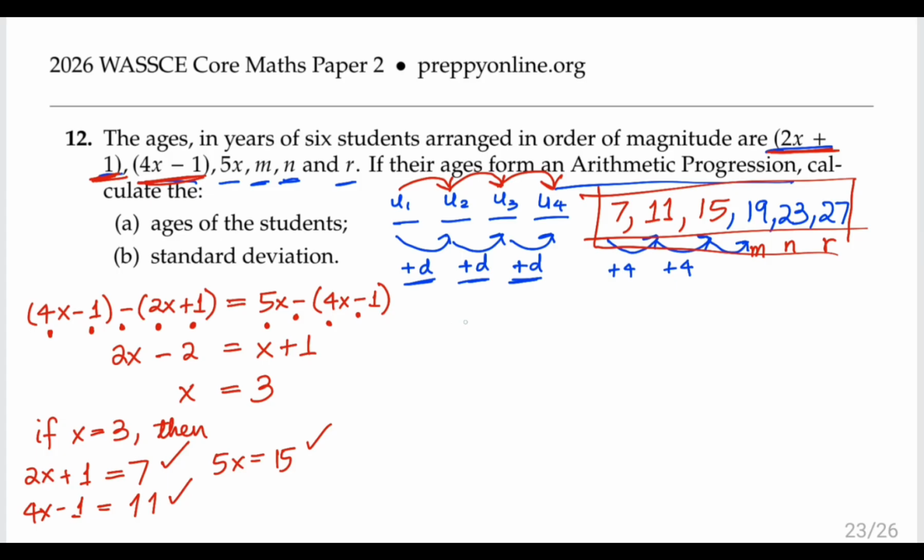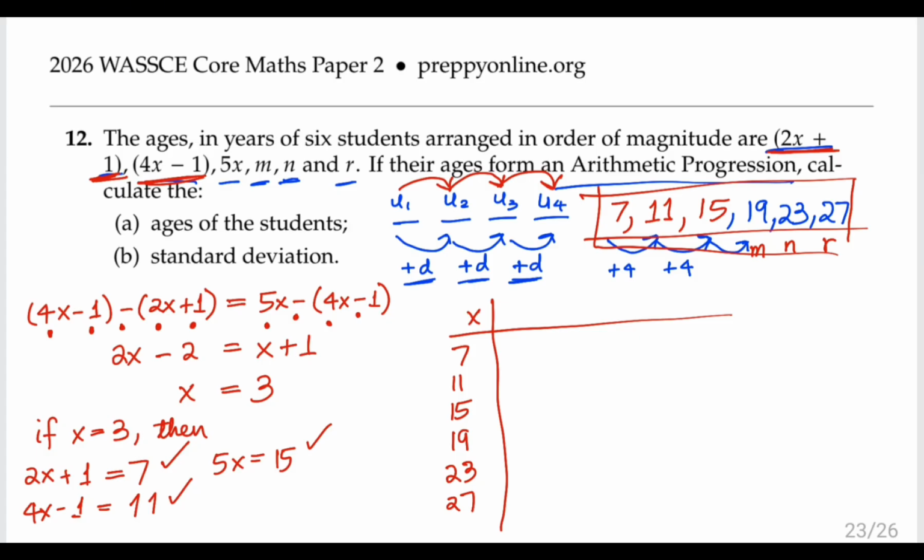All right, so it's always convenient to draw a table. You have the ages, 7, 11, 15, 19, 23, 27. Then we need to find the mean of the ages. That's an interesting one.